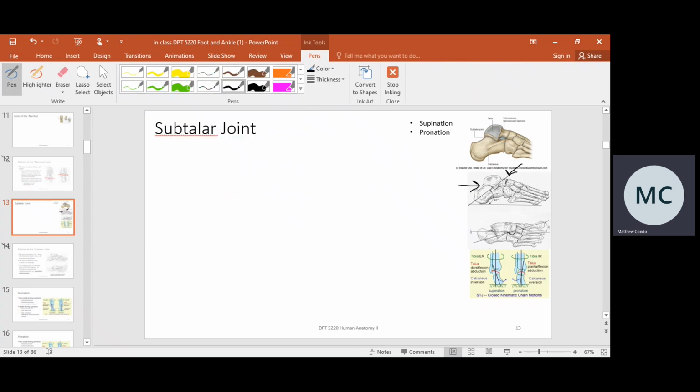All right, pronation. What we're going to see with pronation is we're going to see eversion. We're going to see dorsiflexion.